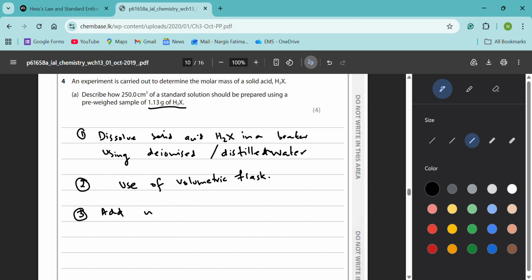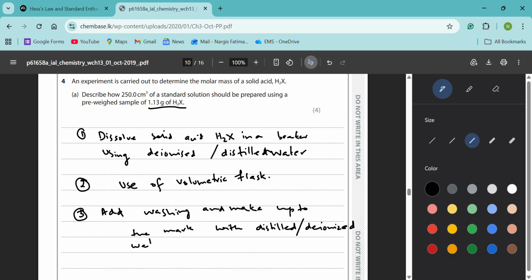Add washings and make up to the mark with distilled or deionized water. Keep this in your mind that we are making 250 centimeter cube of the solution. And then you need to mix the solution in the flask.